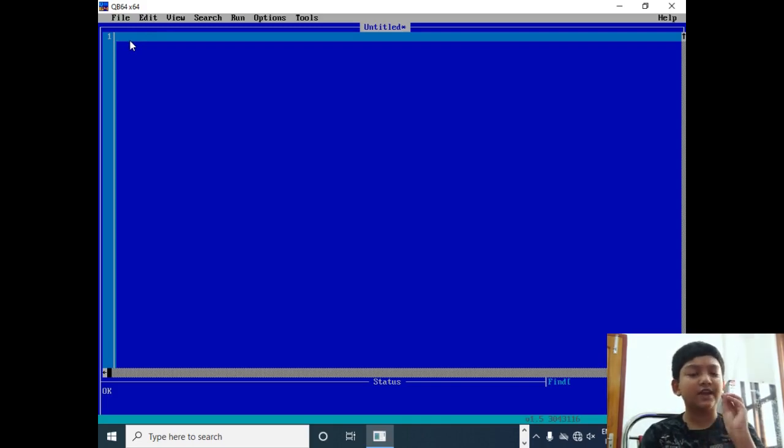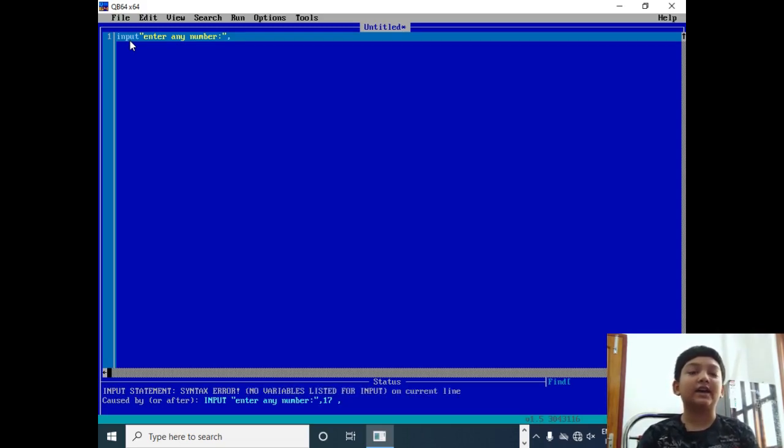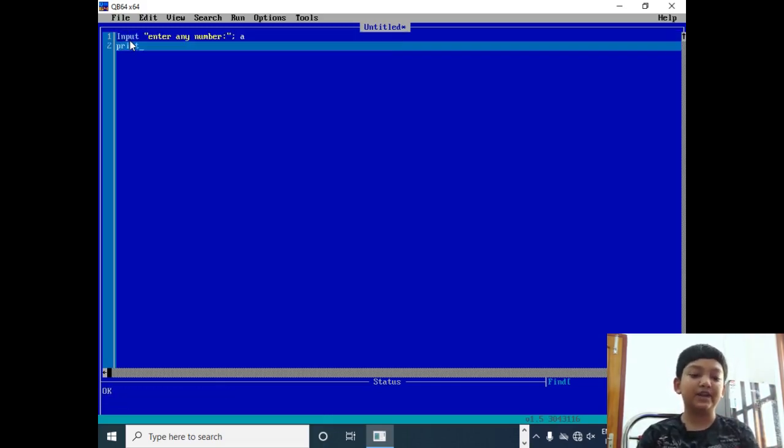Now let's write one very simple program to understand that. At first I will be giving input: "Enter any number", then a colon, and then give the number, which is suppose A. I want to give A, give a semicolon and A. Then I am going to write print "Your number is", again a colon, then the variable.